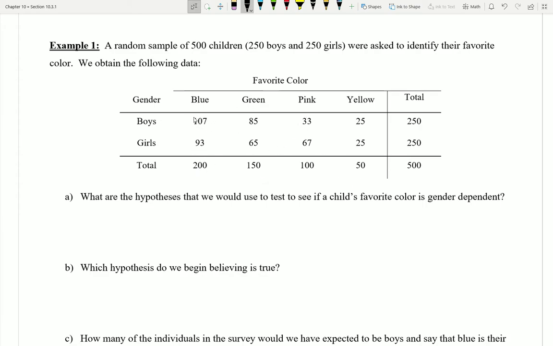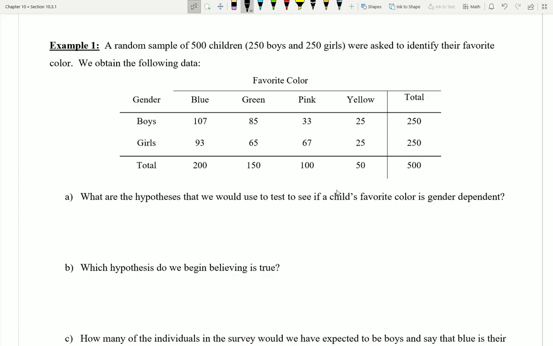So this first number, 107, tells me that there were 107 boys who said blue was their favorite color. In total, I have 500 individuals that were surveyed. So I could ask the question: what are the hypotheses that we could use to test to see if a child's favorite color is gender dependent?